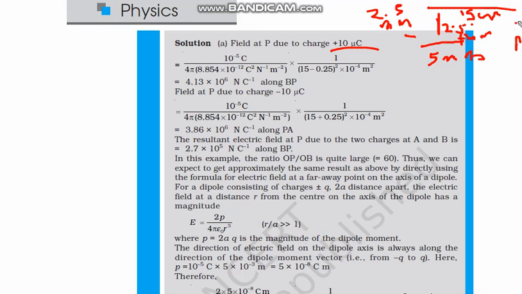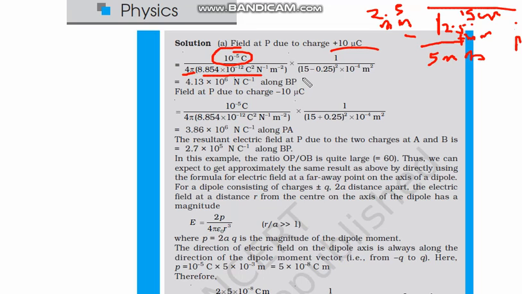So now at point P, due to positive 10 microcoulomb, we simply write 10 into 10 to the power minus 6, that means 10 to the power minus 5 coulomb, that is 10 microcoulomb. So this is the charge, this is the constant 1 upon 4 pi epsilon naught.